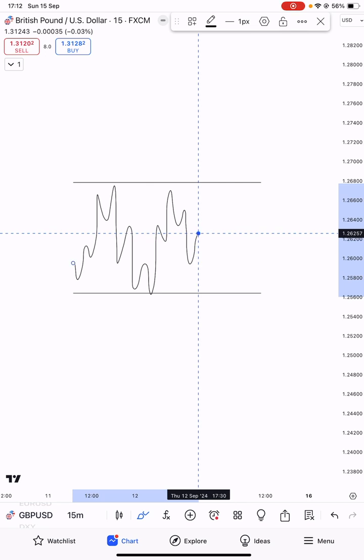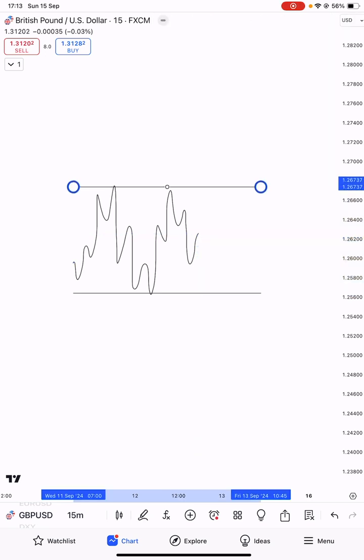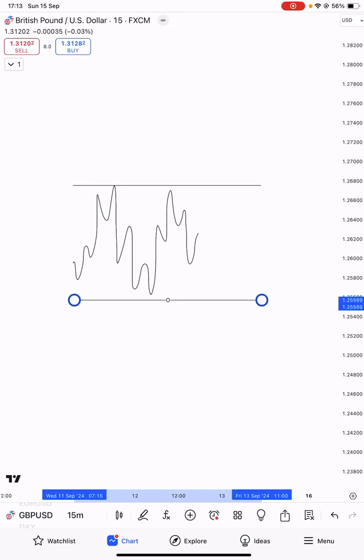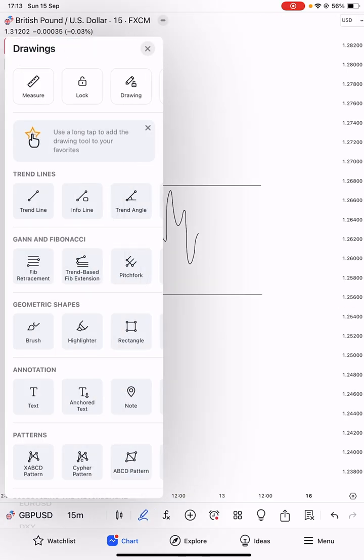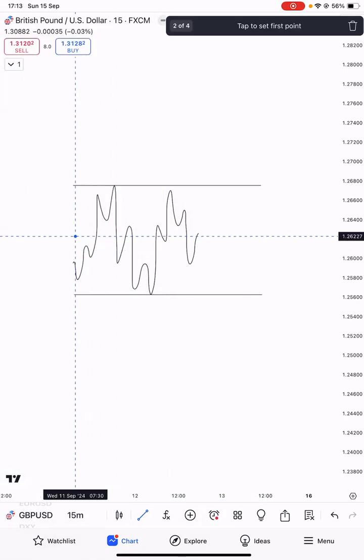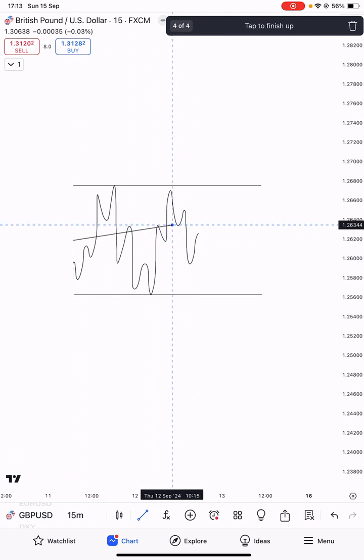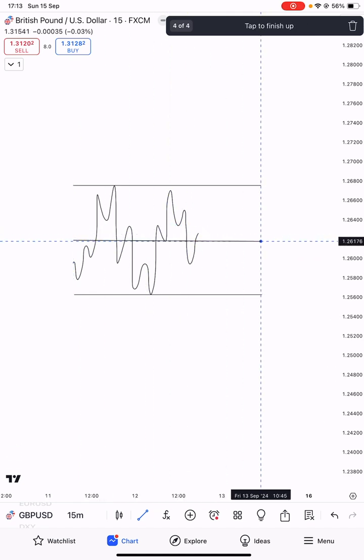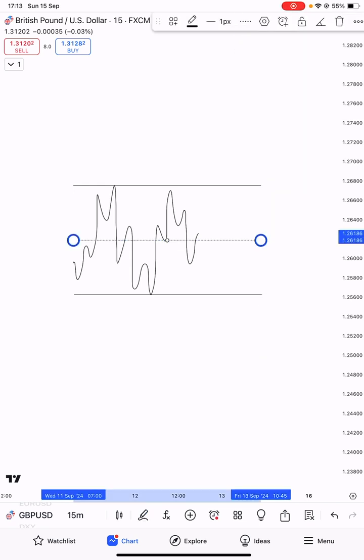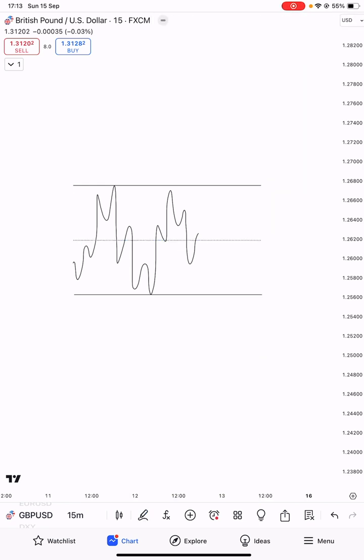A range high, a range low, and an equilibrium price point. And the way I already told you, to verify the equilibrium, it's seeing the respect of price of this price level. And so you have these three non-subjective price points: a range high, a range low, and an equilibrium.